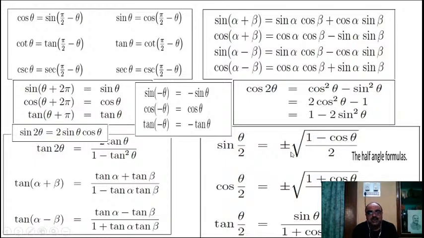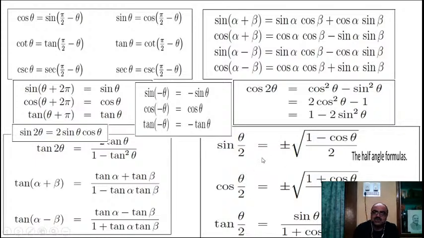This is a whole root for the complete function. And cos of theta by 2 is plus or minus root of (1 plus cos theta) by 2.